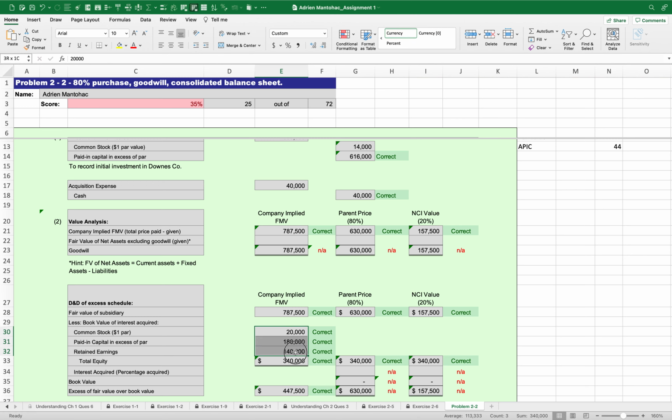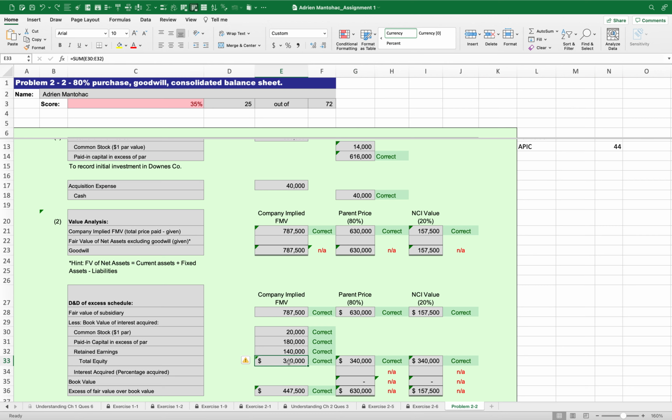So this is what I just gleaned from the textbook itself, looking at Downs' book value for their equity section, specifically common stock, paid-in capital in excess of par, and retained earnings. And I just added that here, the addition of all those three items.